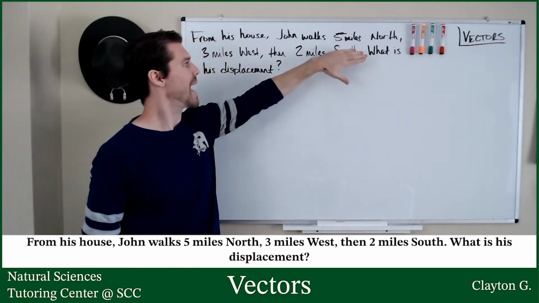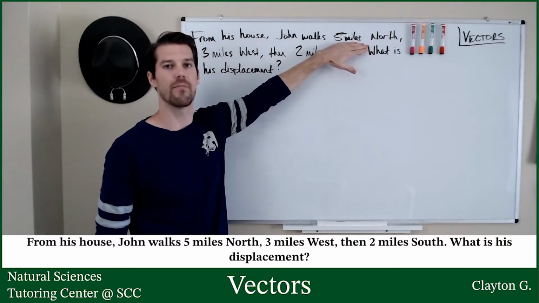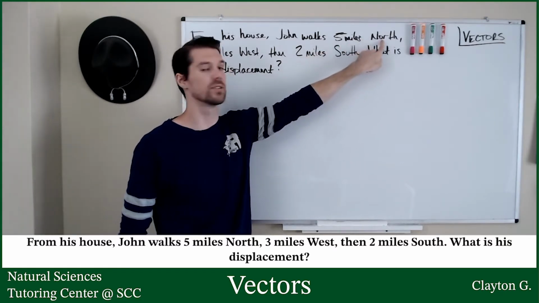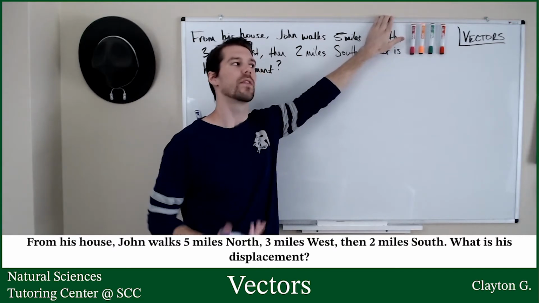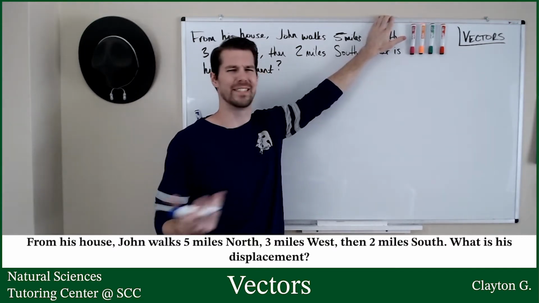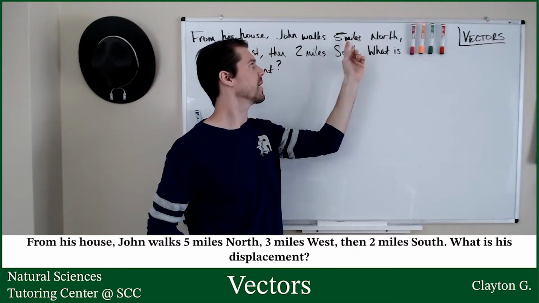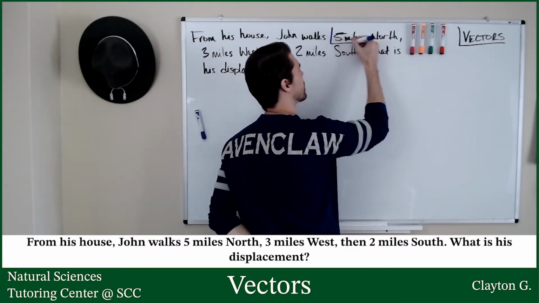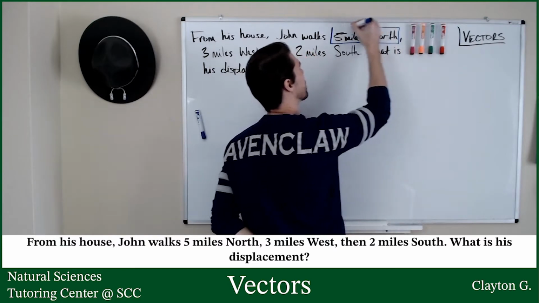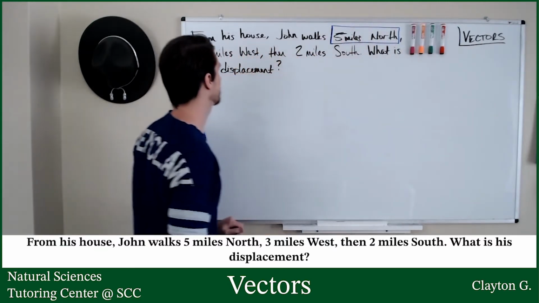So the magnitude is 5 miles. The direction is north. If we just had 5 miles and north wasn't on there, this wouldn't be a vector. It would be just some distance. But because we have the magnitude and direction, we have ourselves a vector. So here, 5 miles north, that is a vector.